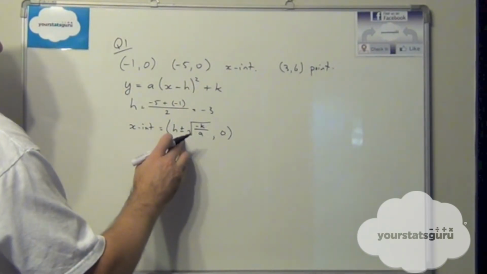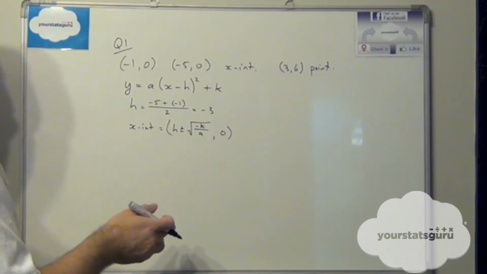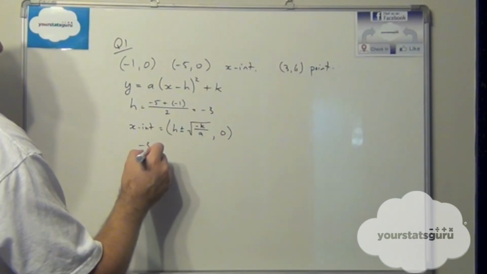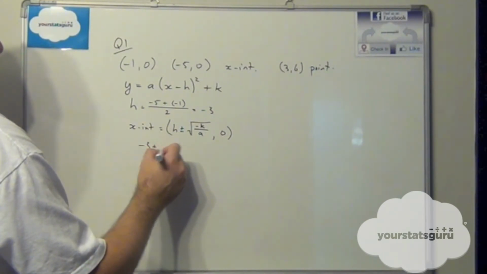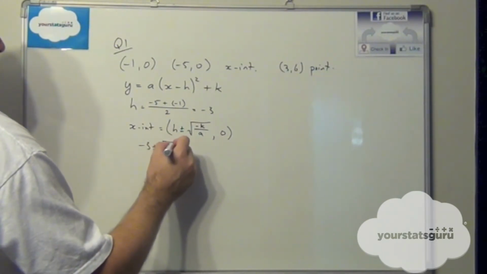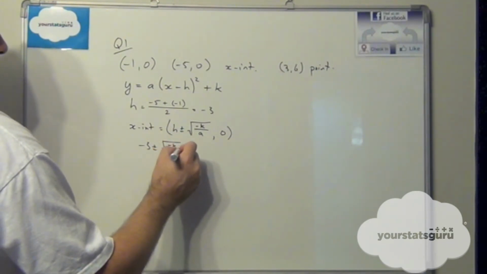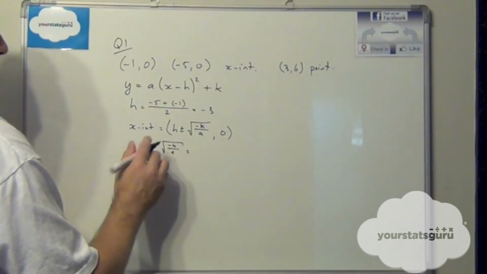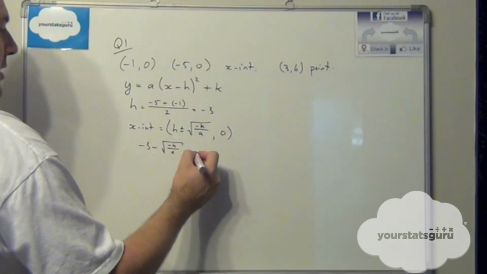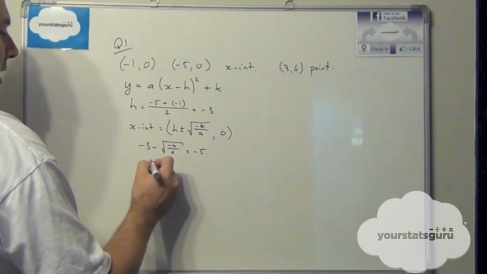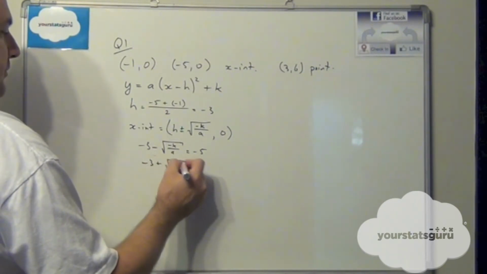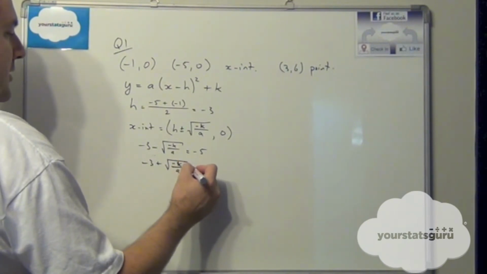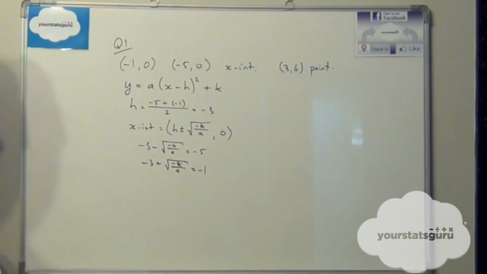Unfortunately, we're going to get two equations that give us the same piece of information, because it will tell us that -3 plus or minus the square root of -k over a is equal to, in the case of a minus, -5, and in the case of a plus, -1.